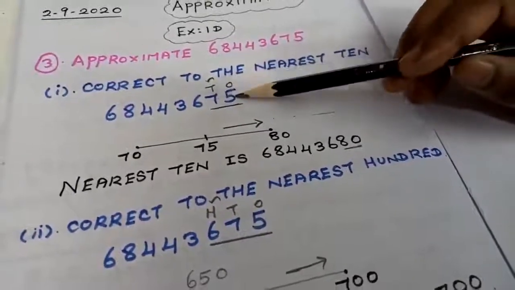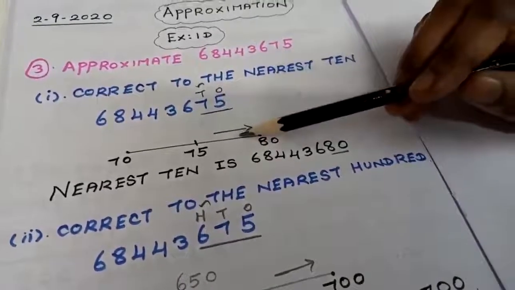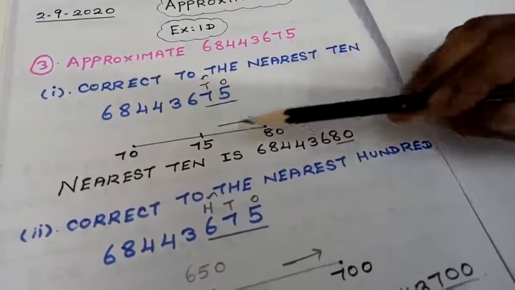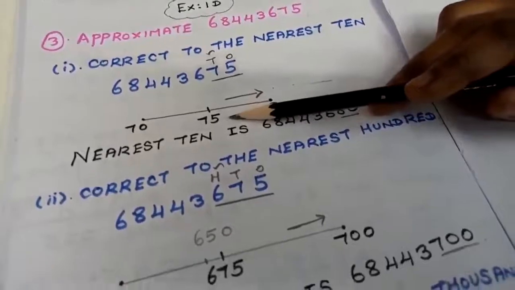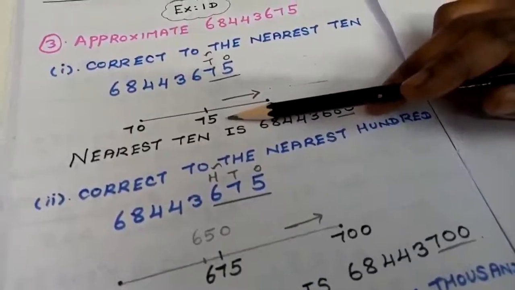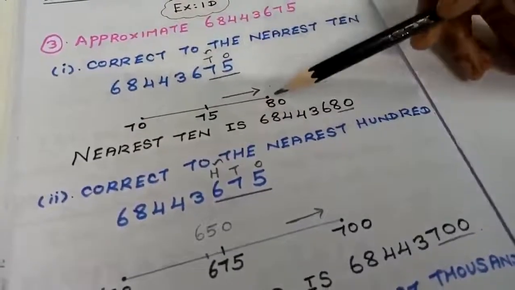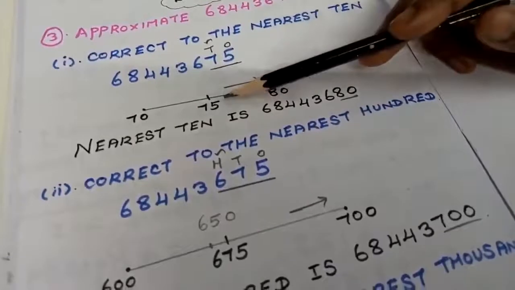In place of 5, I am going to put 0 in my number line. So starting from 70 to 80, I am going to take the range. The middle number is going to be 75. Suppose you are not able to find the middle number for that particular range, add the two numbers and divide by 2. That is 70 plus 80 divided by 2, and you will get the value 75.